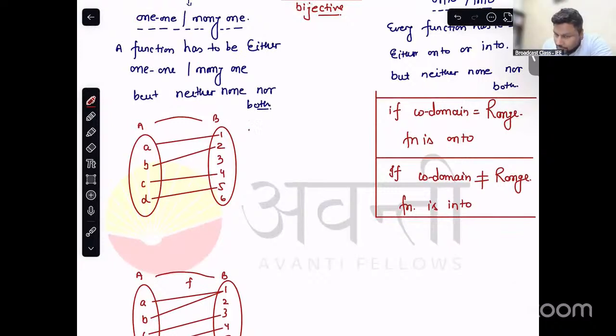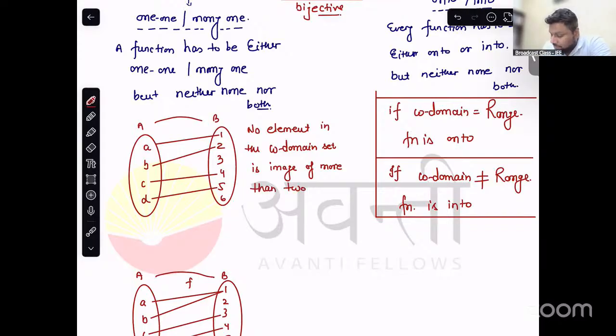There is no element in the codomain set which is the image of more than one element.